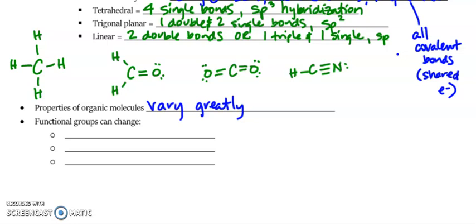Just hydrogen and carbon don't really have a functional group, but if you add a hydroxide, for example, that would be adding a functional group. So we're going to go into that whole list, but what functional groups will do is they will change the reactivity. They can change the solubility. And they can change acid-base properties.